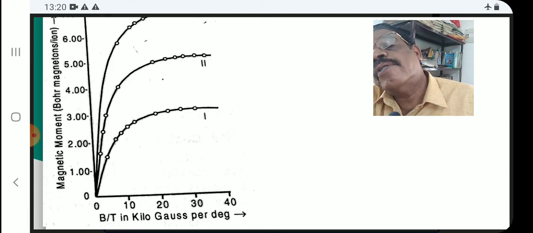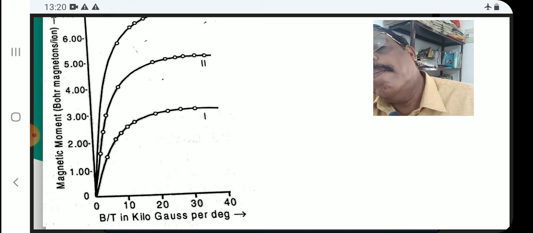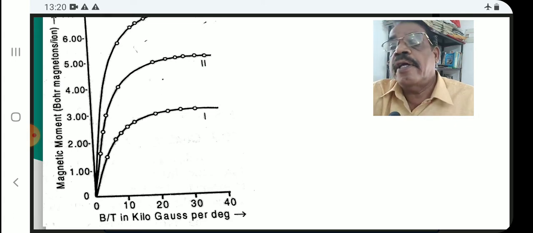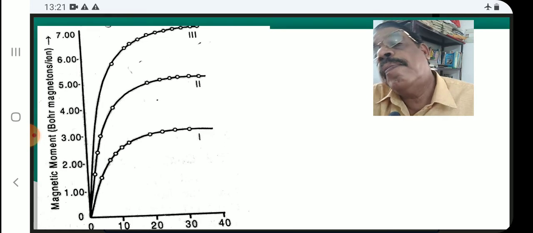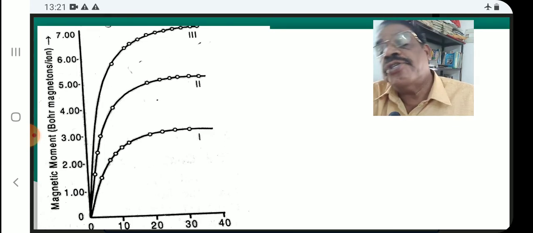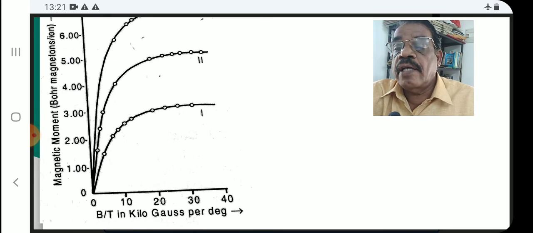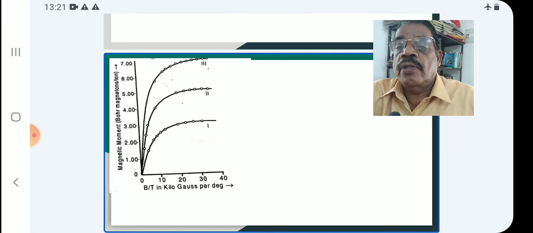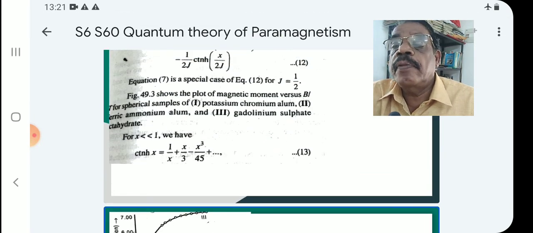In the y-axis, magnetic moment, that is Bohr magnetization, is taken. So that is the value here.